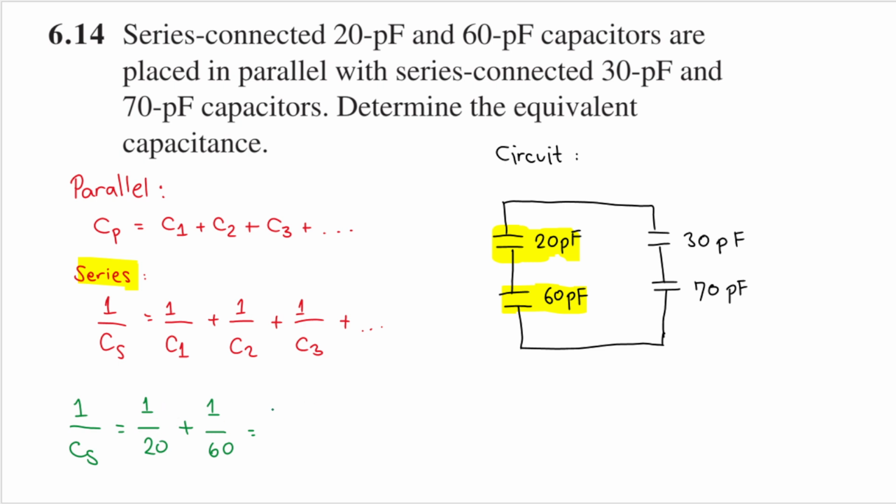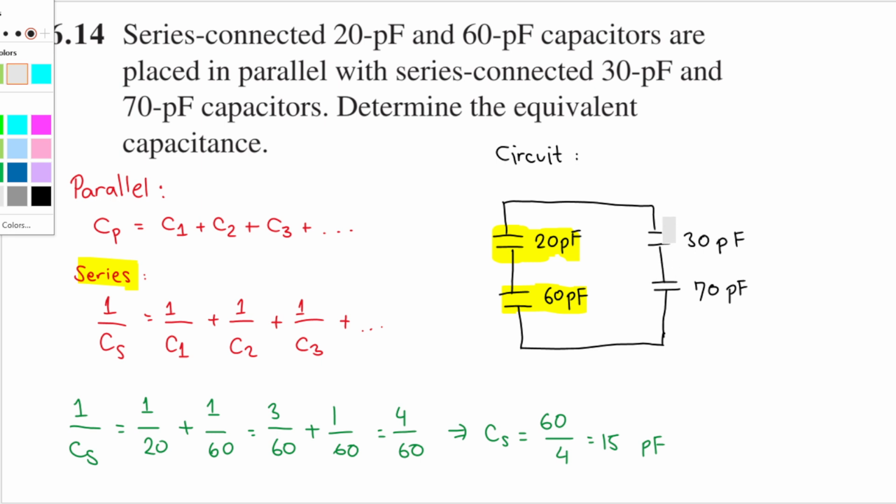So we multiply this by 3, and we'll have 3 over 60 plus 1 over 60, and so we will have 4 over 60. But remember that this is 1 over CS, so we need to flip it. So CS is equal to 60 divided by 4, so that will be 15. The unit is picofarad. So that is the one that I highlighted yellow.